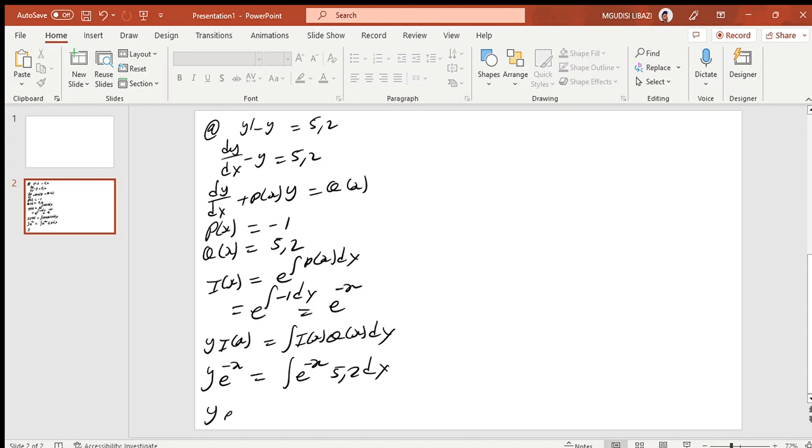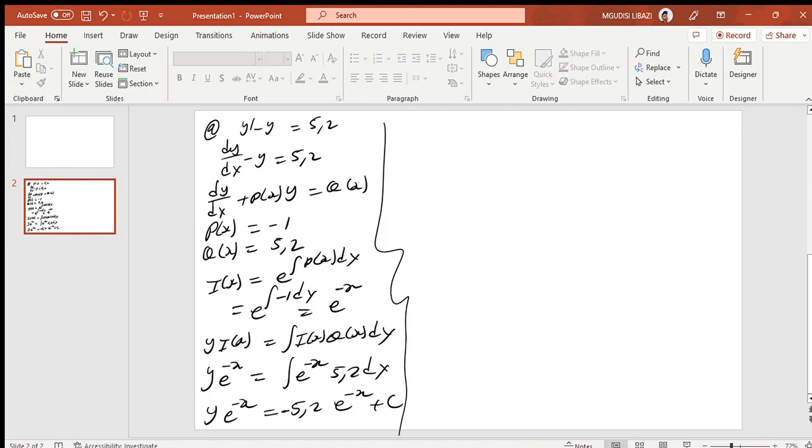So we have y e raised to negative x equal to 5.2 times the integral of e raised to negative x, which is e raised to negative x divided by -1, which makes this term negative, and then plus c.